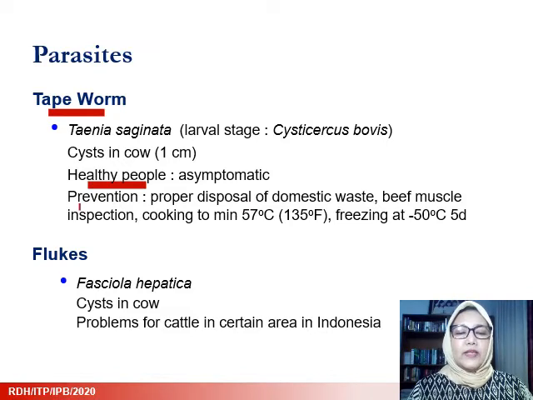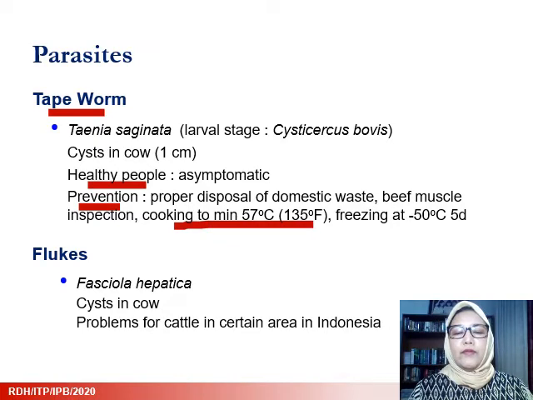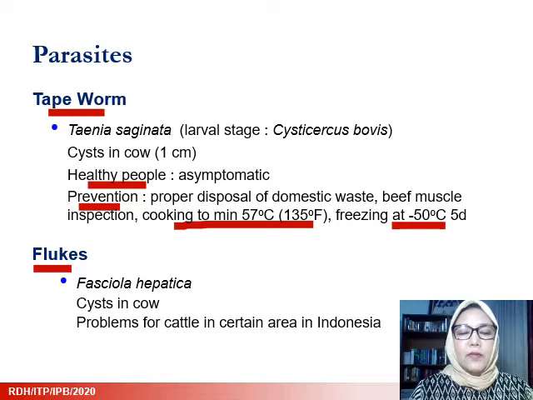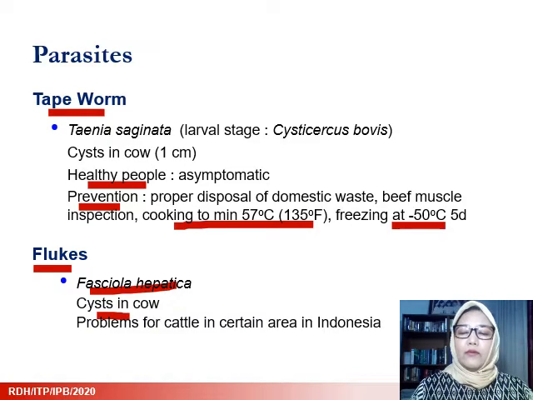The proper prevention is disposal of domestic waste, inspection of beef muscle, and cooking to a minimum of 57 degrees Celsius or freezing at minus 50 degrees Celsius for 5 days. Flukes is another form of parasite worm, and Fasciola hepatica is usually found in the liver of cow.